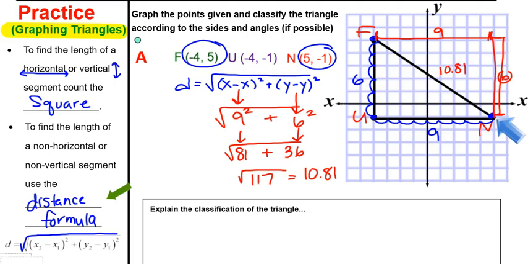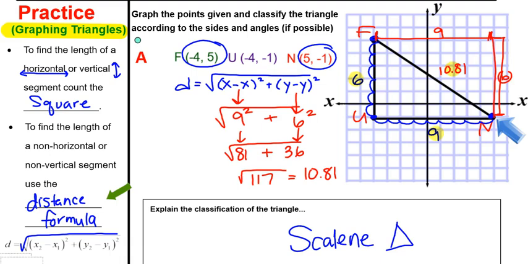So if I look at the three numbers that we have on this triangle, 10.81, 9, and 6, I can see that all three of those numbers are different. That makes this a scalene triangle.